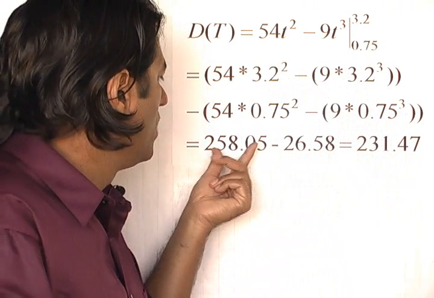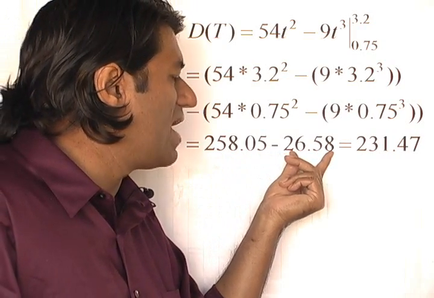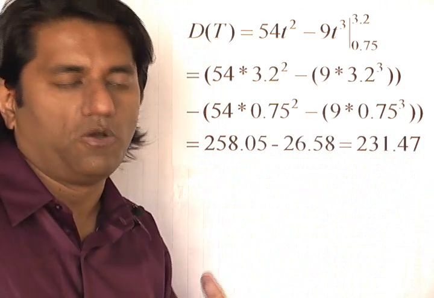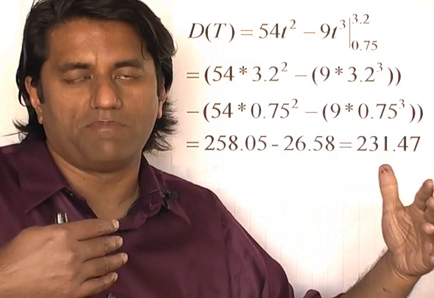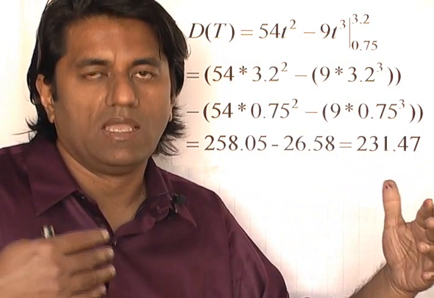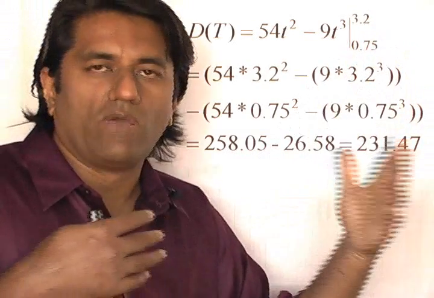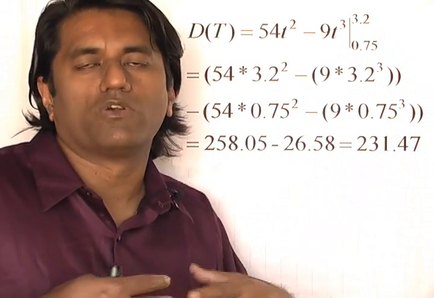And that equals 258.05 minus 26.58, or 231.47. So between 45 minutes from your start and 3 hours and 12 minutes, you would have traveled 231.47 miles.